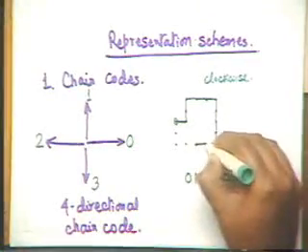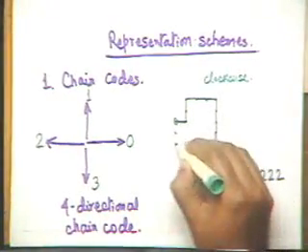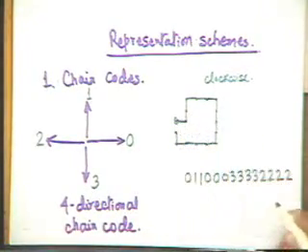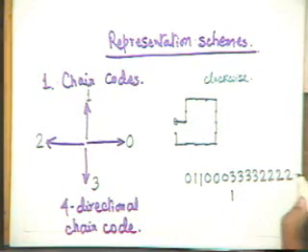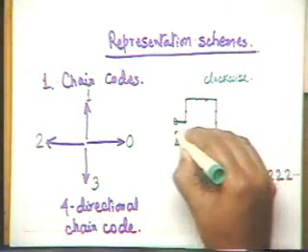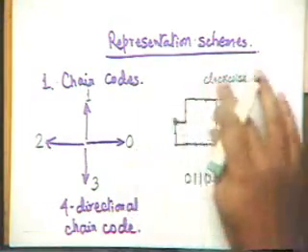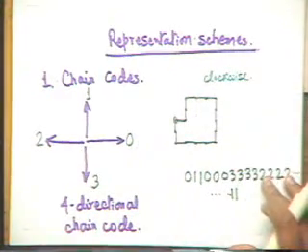So 2, 2, 2, 2, then up, that means 1. I am just continuing beyond this point, 1, and then 1. And we have traversed the contour completely.